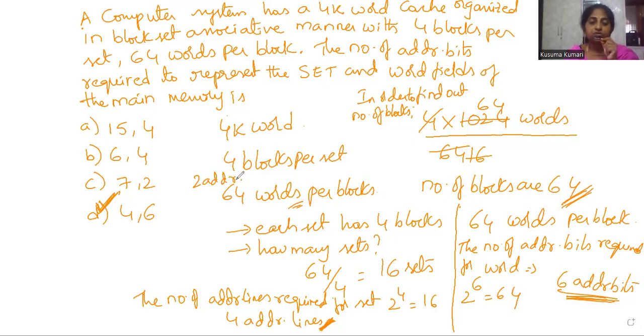Of course, this is not asked for the block, but however, 2 address lines are required for block representation, 4 address lines for set representation, and 6 address lines for word representation. But in the question, it is asked for only set and word. So that's why the options are 4 and 6. So option D is the right answer.